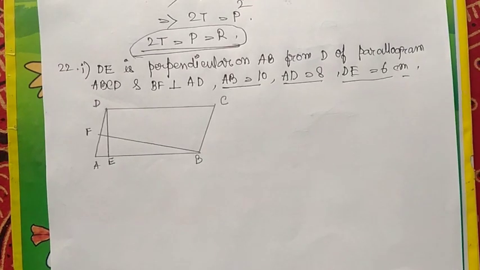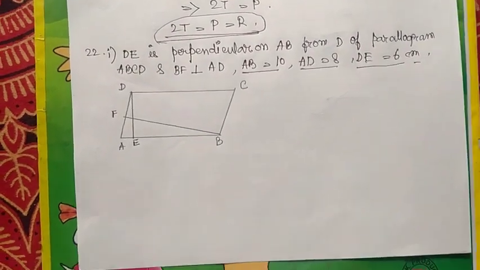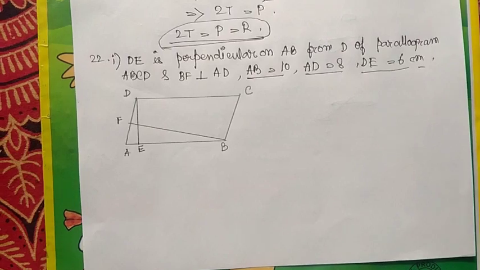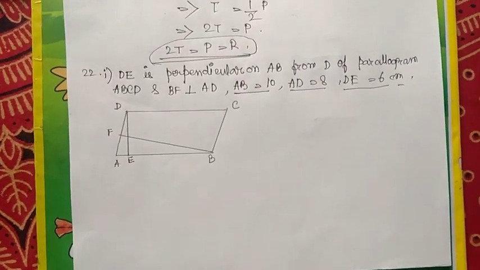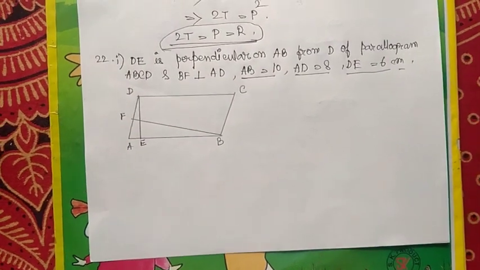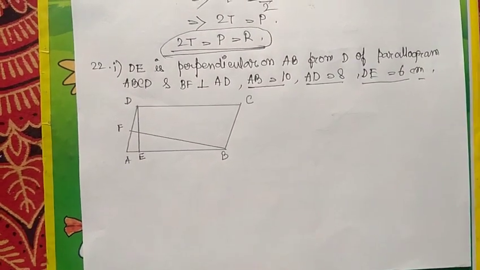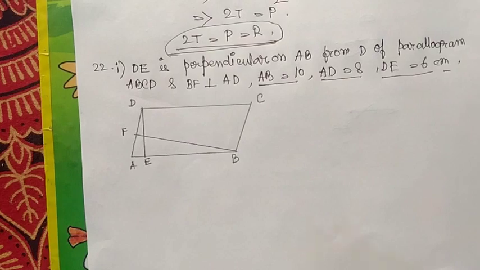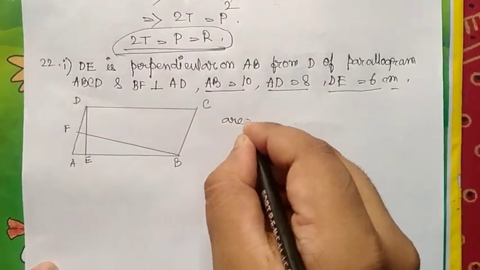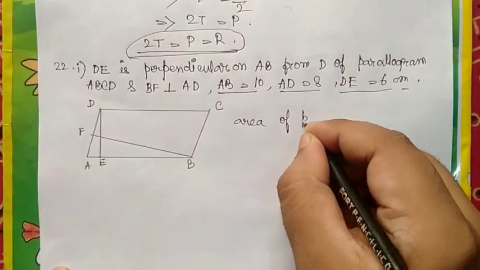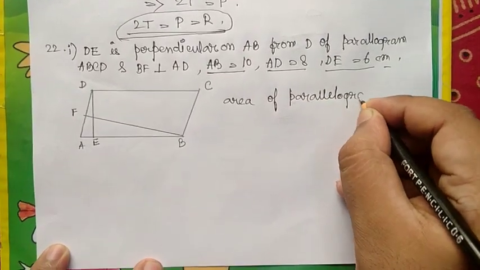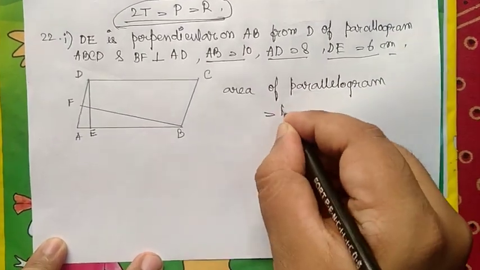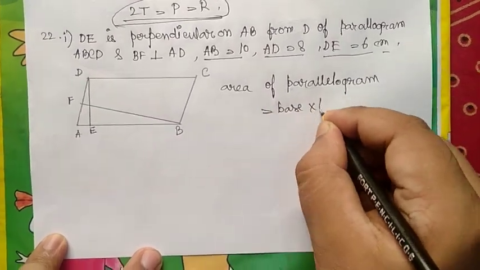First of all, this is an extension sum. Extension sum means when we do the mensuration in the chapter number 15, it's an example of the sum of chapter number 15, where we first learn the area of the parallelogram. Area of parallelogram is equal to base into height.